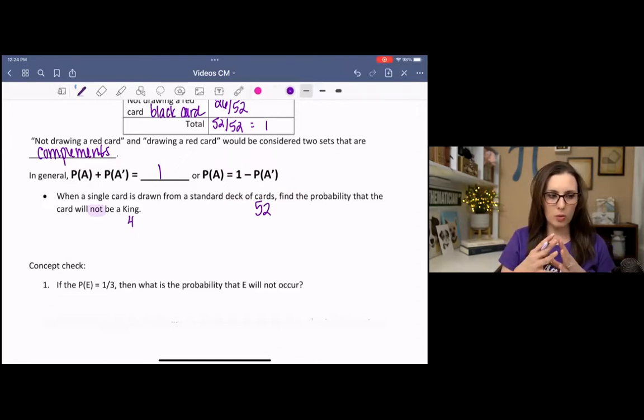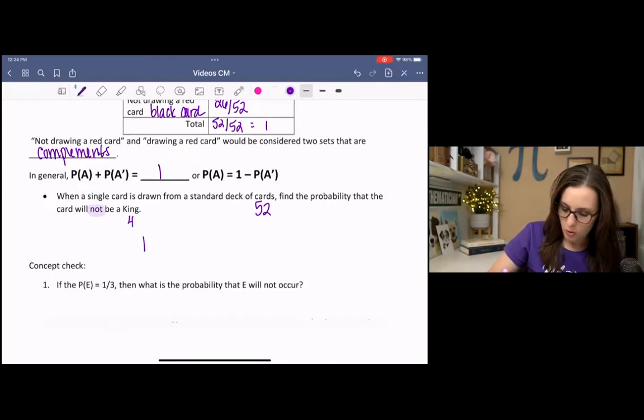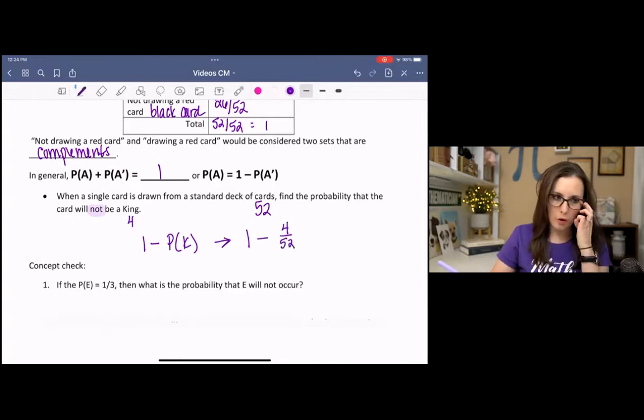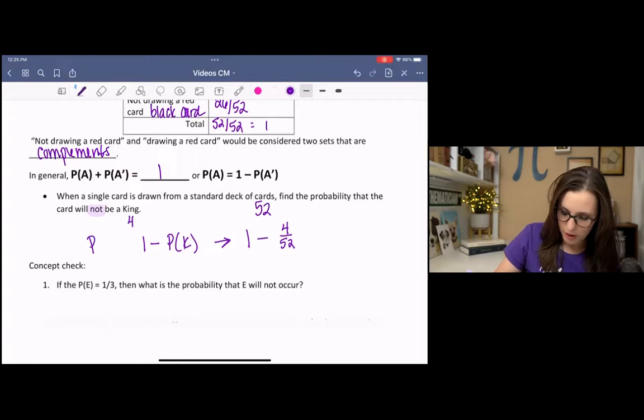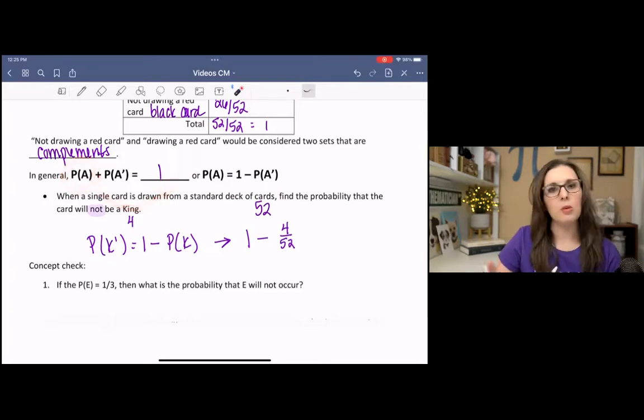If what I'm looking for is not king, then I can do 1 minus kings to figure out all the other stuff. So 1 minus the probability of kings gives us 1 minus 4 over 52. I can reduce that 4 over 52 ahead of time if you want, but we can reduce in the last step instead. I'm finding the probability of the complement of kings, not king. This looks a little different than this equation, since I've subtracted this over instead, but it's going to give us the same solution.